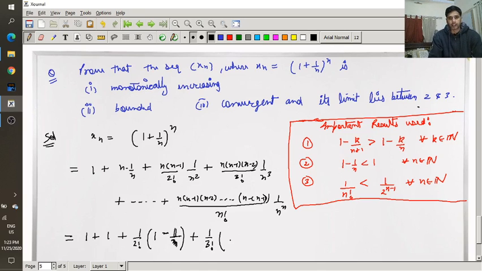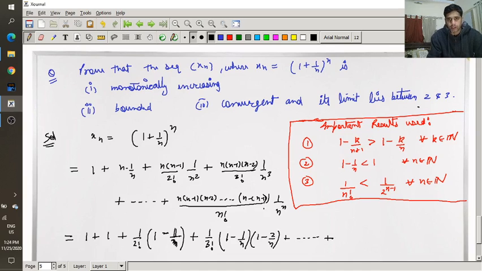Now here I can write it as 1 minus 1 by n, into 1 minus 2 by n, and so on.